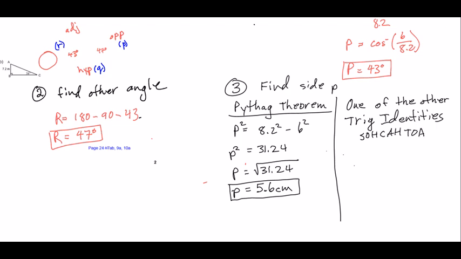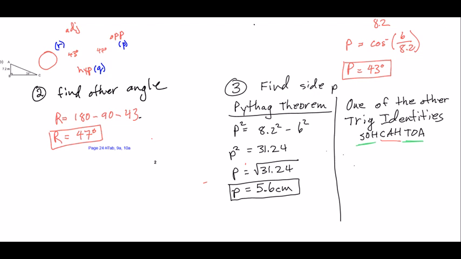Remember in step 1, you used cosine to start. Now, because we used cosine to start, that allowed us, once we did all of our other calculations, to use either sine or tan to find our final answer.